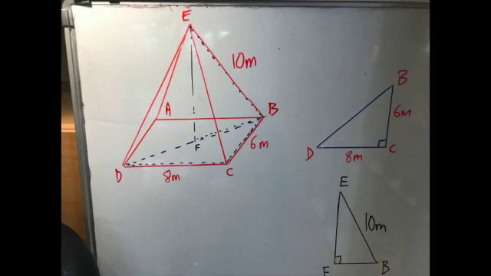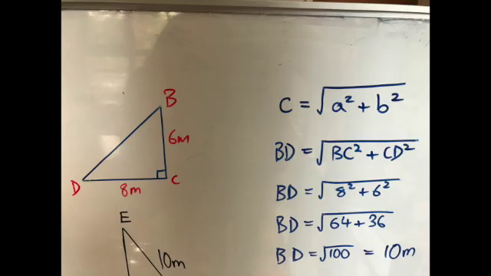Now that I've got my triangles, I can start applying Pythagoras' theorem. So let's have a look at the first one. Again, I'm using my names as BD, BC, CD. BD is of course going in place of my hypotenuse, and I've chosen to use that modified version of Pythagoras' theorem of C equals the square root of A squared plus B squared.